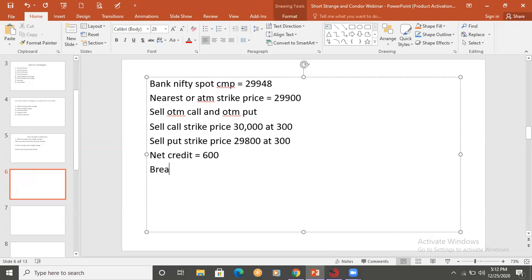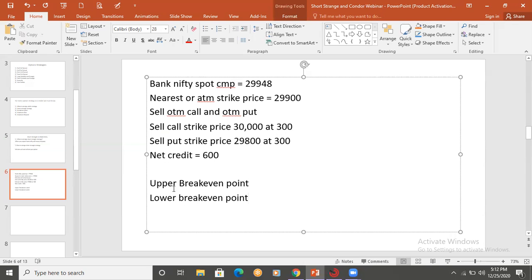Now let's talk about the break even point. What will be my break even point? Now guys, there will be two break even points. One will be the upper break even point from the call option point of view. Another will be the lower break even point from the put option point of view.